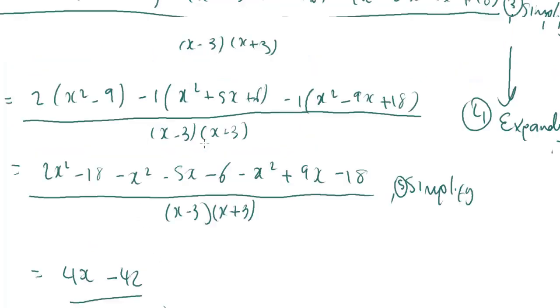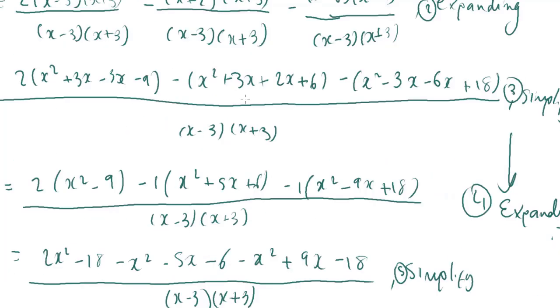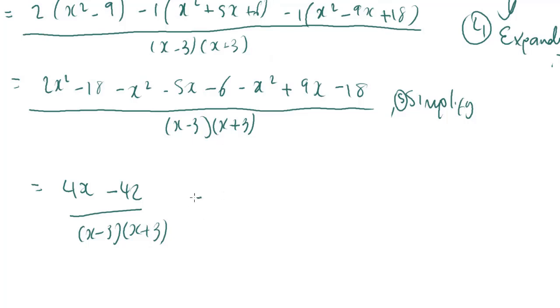So if we look here, we can see our ax plus b over x squared minus 9. What you notice here is that the denominator is x squared minus 9, and the numerator is 4x minus 42.